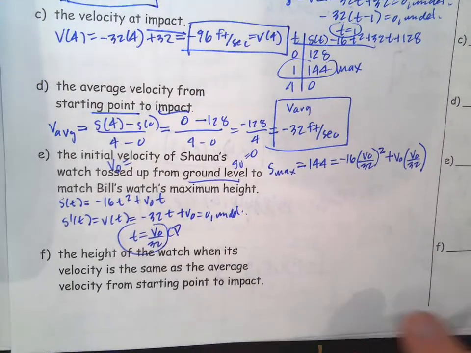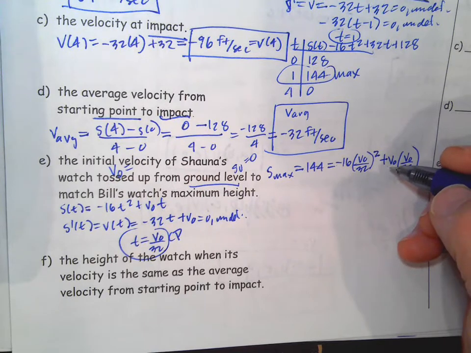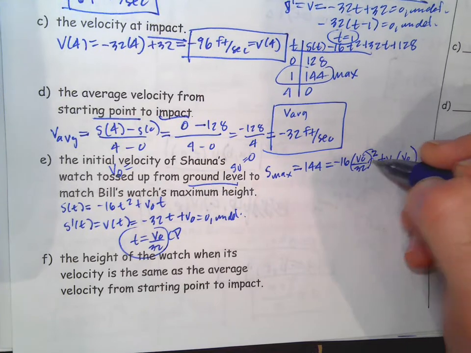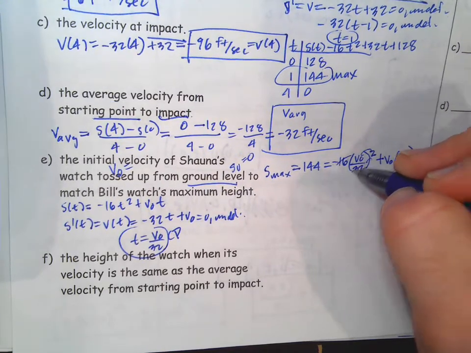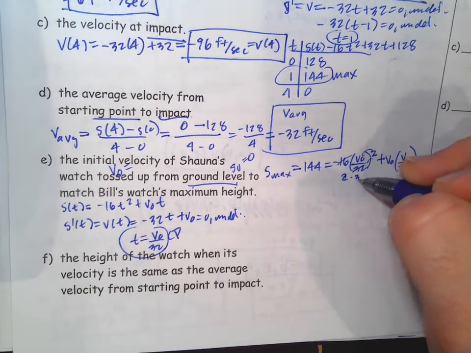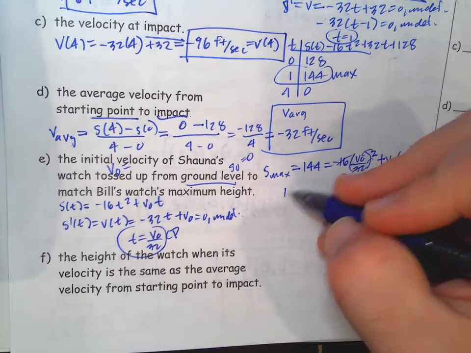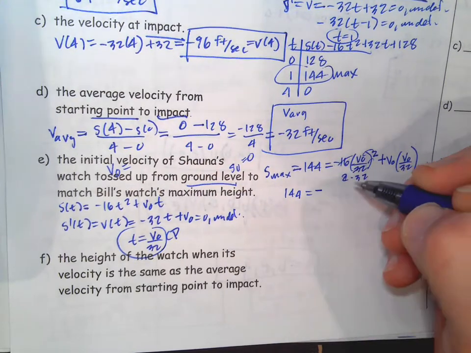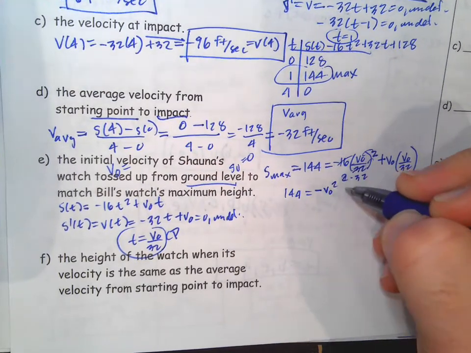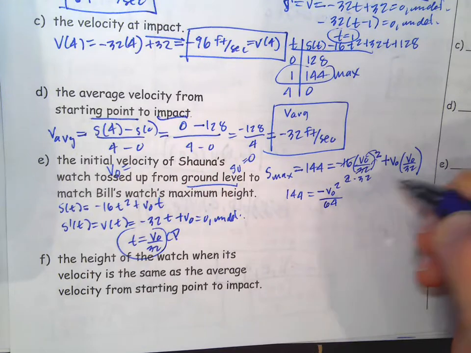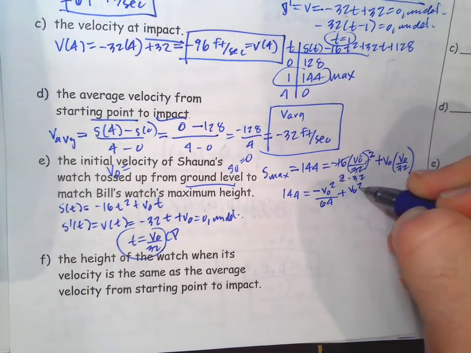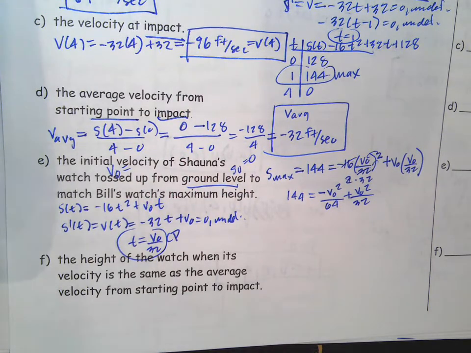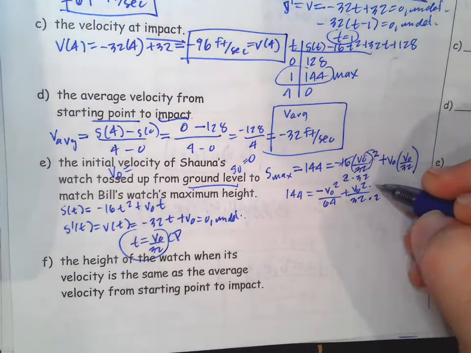I'm not going to give you something like this on test, but this is good practice. So what do we get here? We get that goes in there and that. So we're going to get a 2 and a 32 there. So this is going to be 144 equals negative v naught squared over 64 plus v naught squared over 32. So we want to combine these together. Multiply top and bottom by 2.